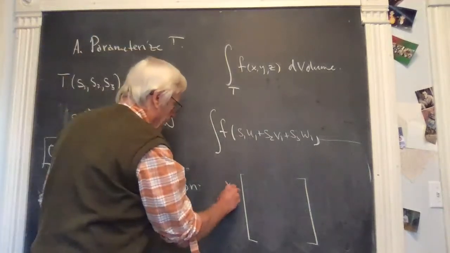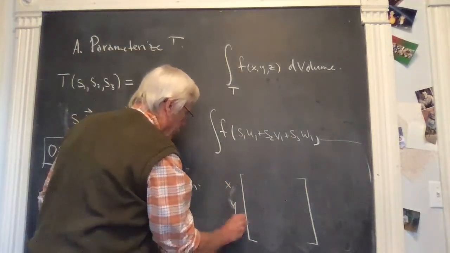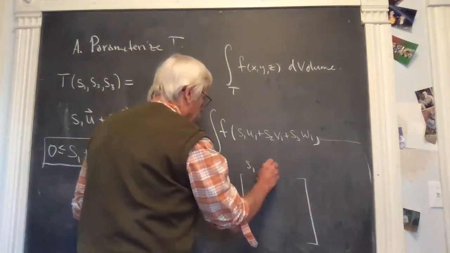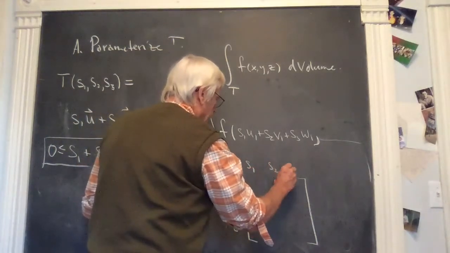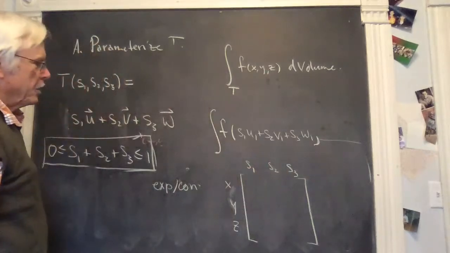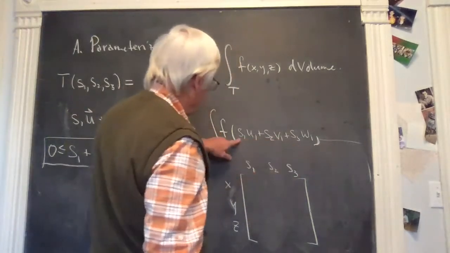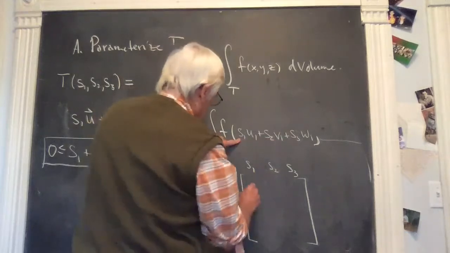So here you've got an x, a y, and a z, and you've got the new variables S1, S2, S3. The derivative of x with respect to S1 is u1.